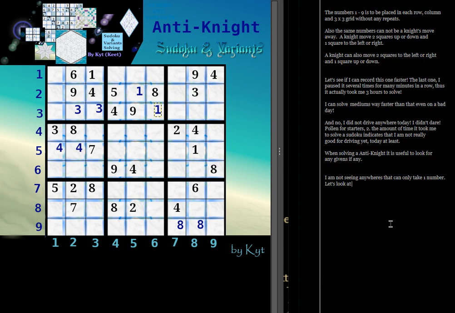Let's look at row 2. It needs a 1, 2, 7, 6, 7.